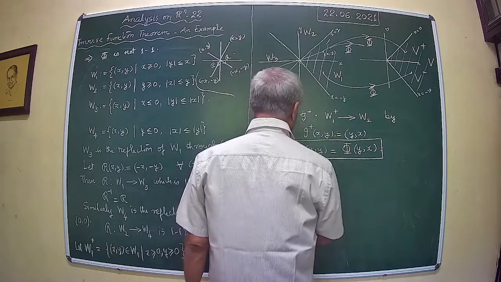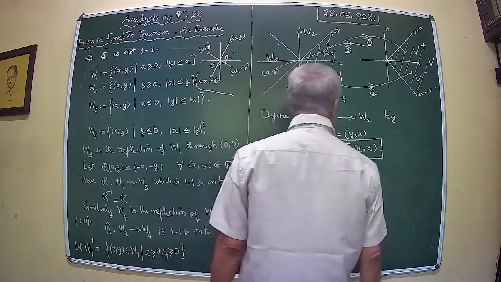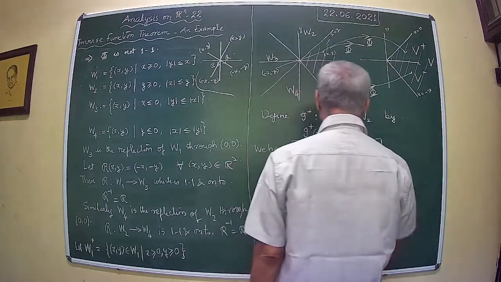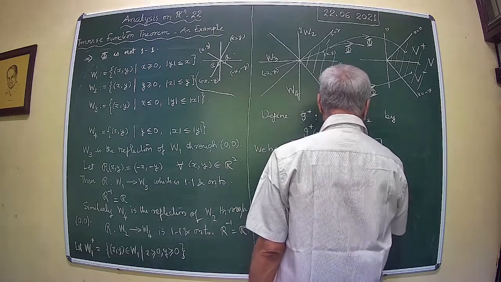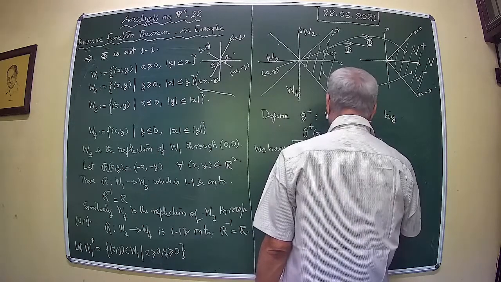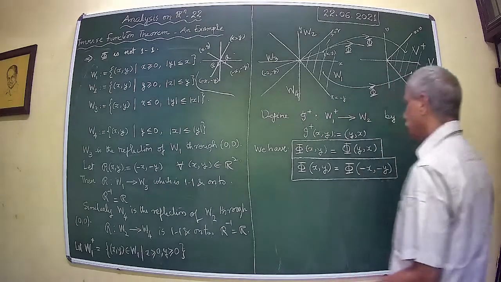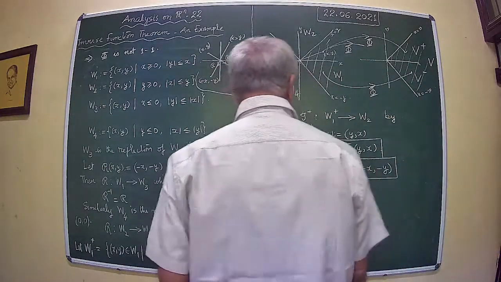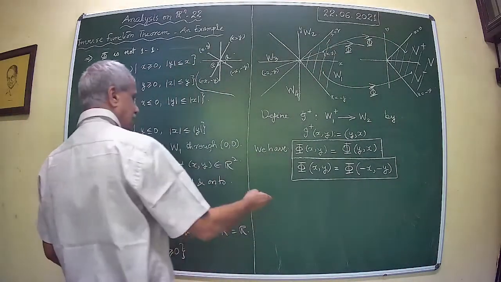Also, phi of is also equal to. These two results we have, because change x to minus x, y to minus y, you get this result.